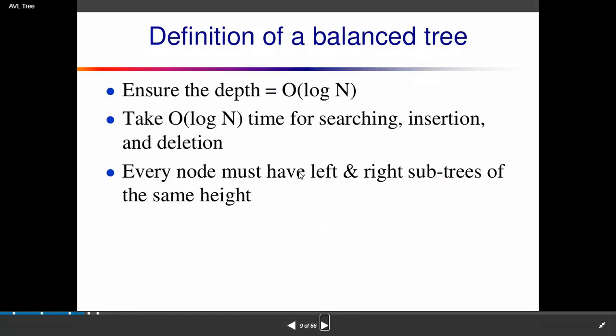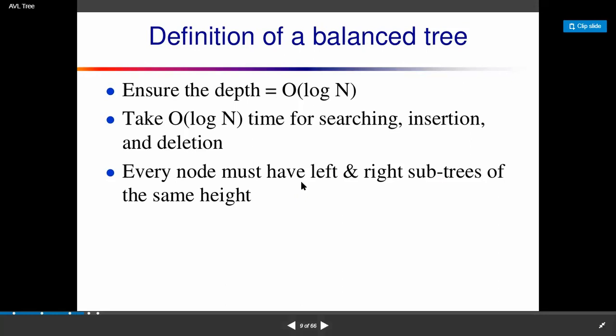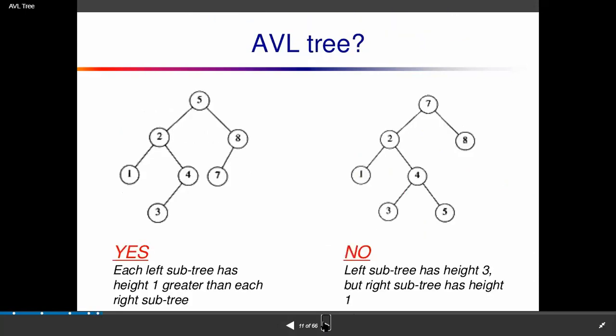The definition of a balanced tree is that the depth is big O of log n, taking big O of log n time for searching, insertion and deletion. Every node must have left and right subtrees of nearly the same height. The subtrees of each node can differ by at most 1 in their height, and then every subtree is an AVL tree.